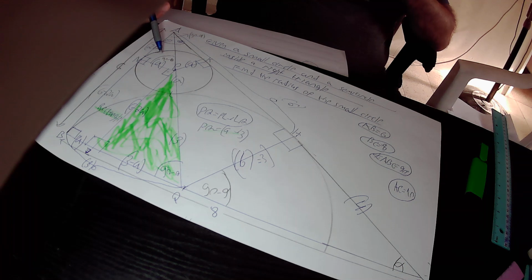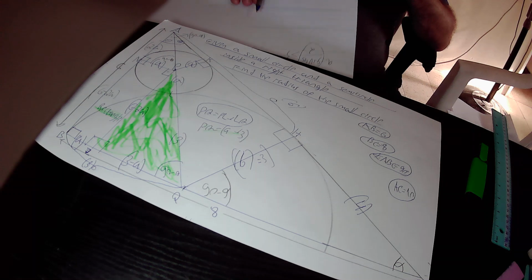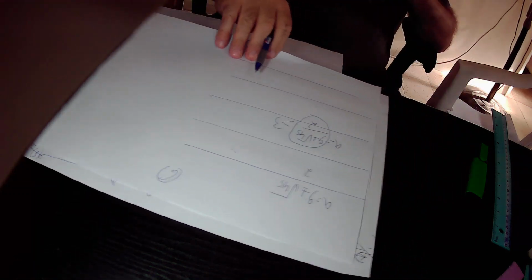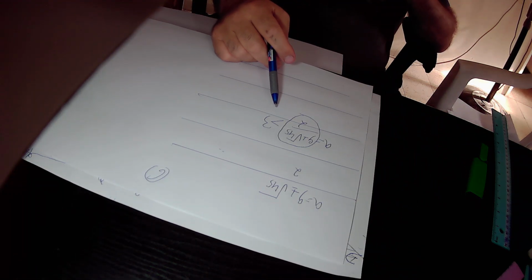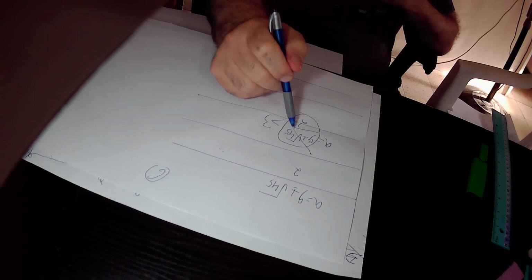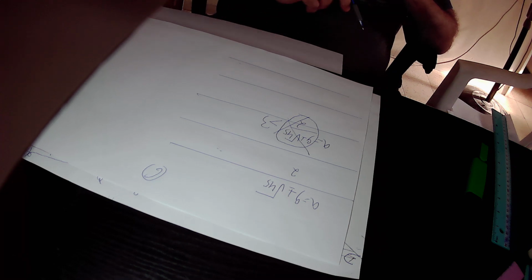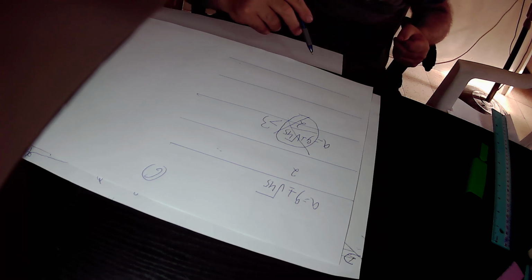That is to say, a must be smaller than 3, because the radius of this big semicircle is 3. And according to the first solution, a is greater than 3. So this solution is incorrect. We cancel the solution, and we're left only with the second solution that is possible for a.